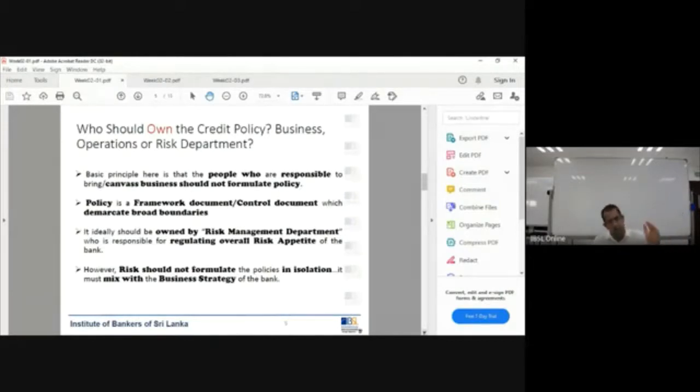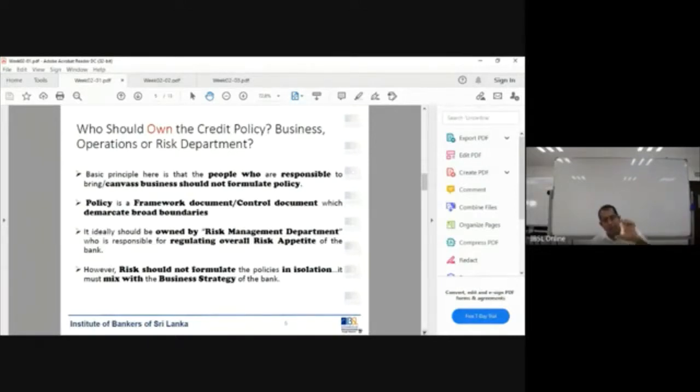So through the credit policy, the board will give us the direction, but to give us direction, risk should be able to give directions to the board. So based on the board's risk appetite or the board's broader view of the credit culture and credit requirement and all those things, they will get the risk to formulate the policy and they will approve. So ultimate ownership lies with the board of directors.